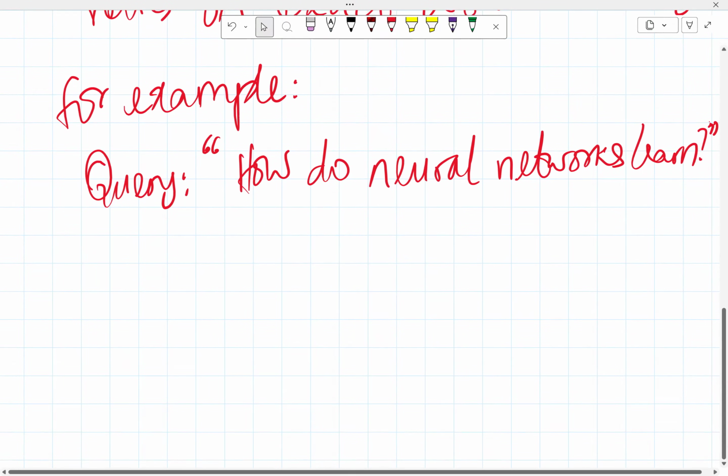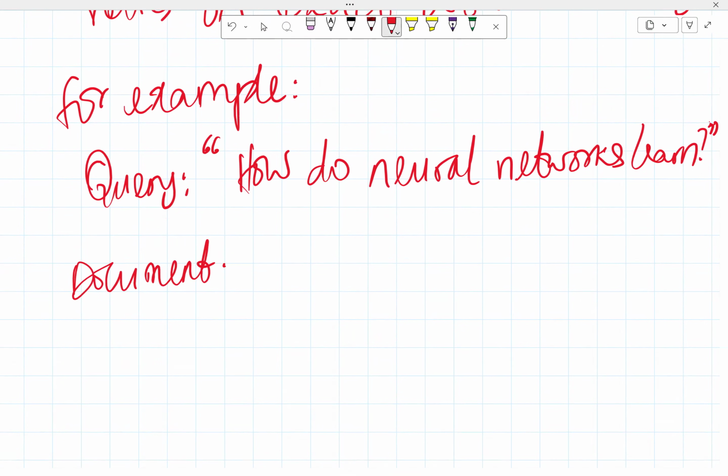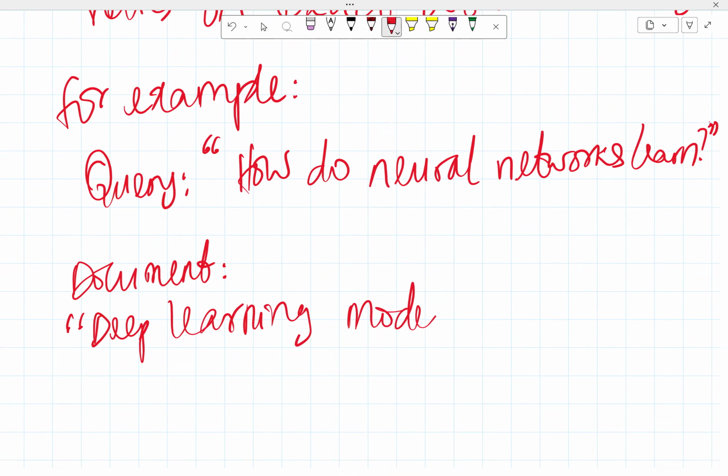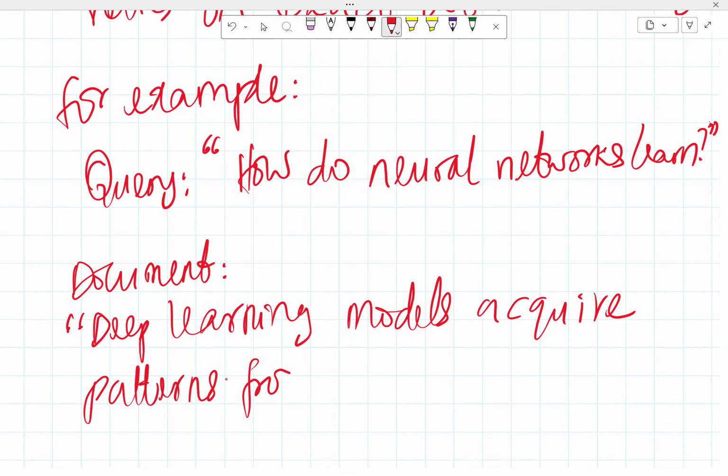And then you already have some document where you have something like this: deep learning models acquire patterns from data. Okay, you have a document like that.